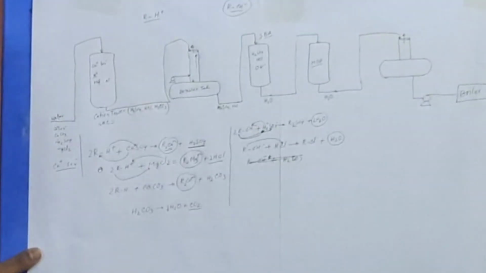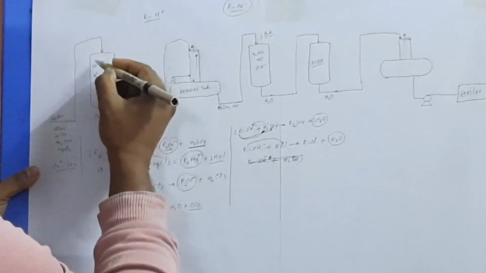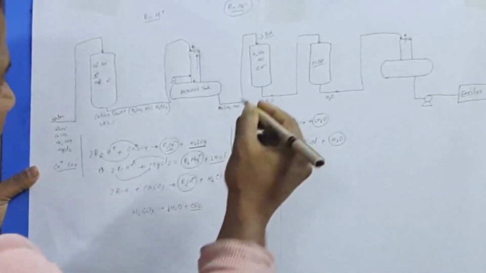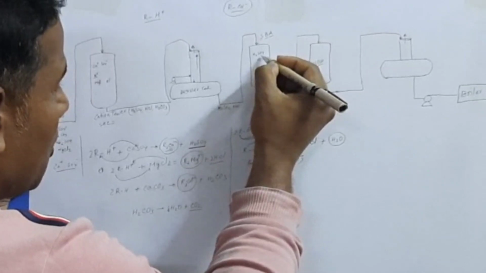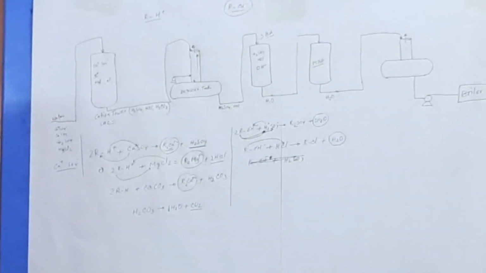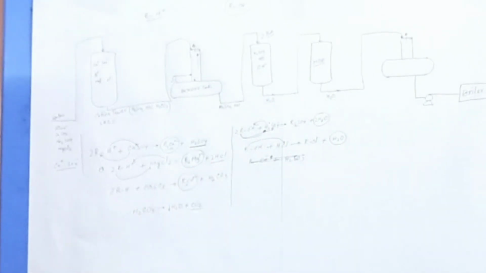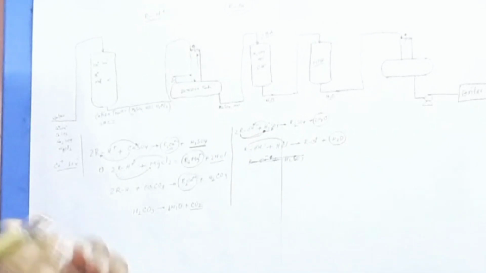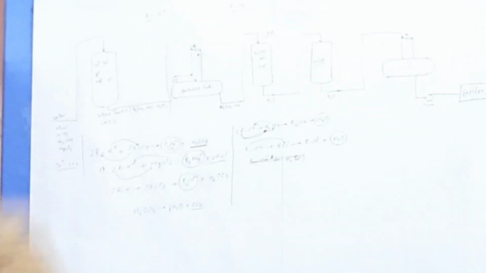So okay viewers, on the cation tower all cations will be absorbed, and on the anion tower all anions will be absorbed. After absorbing all cations and all anions, this resin will be exhausted. So that's why I need to activate the resin.